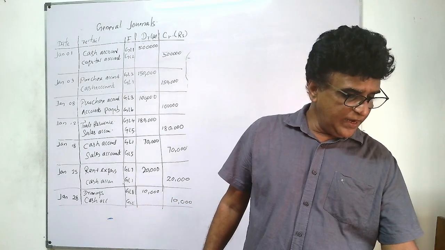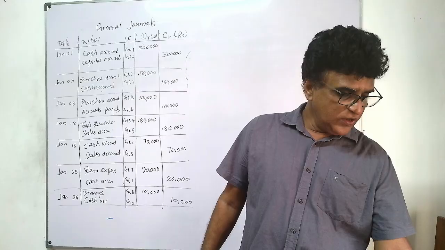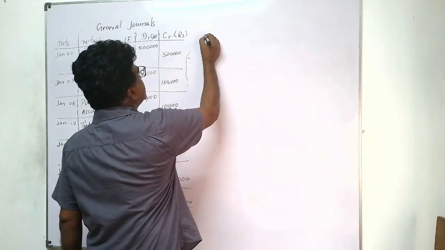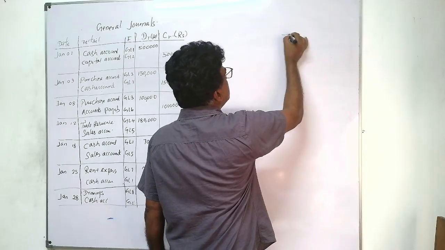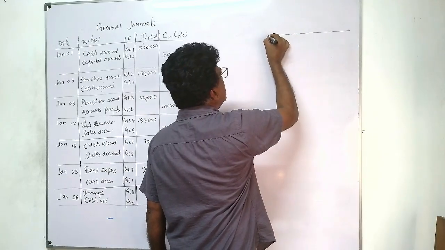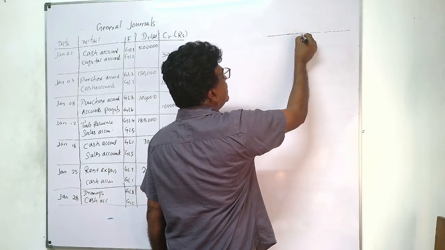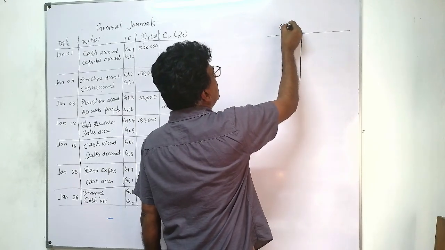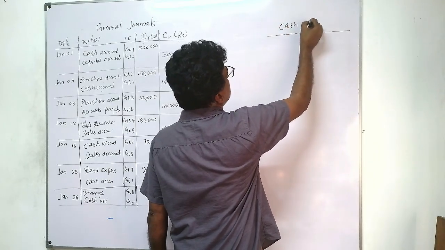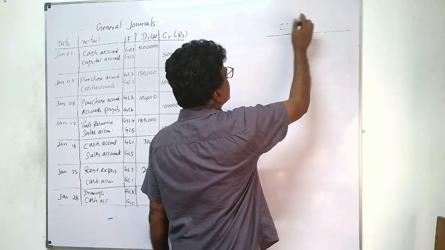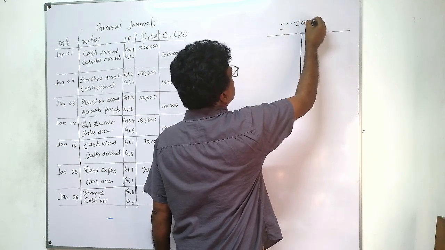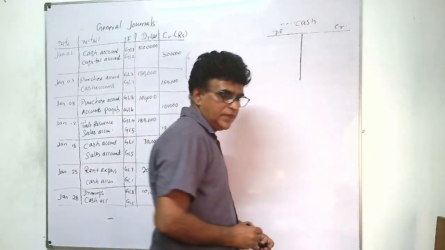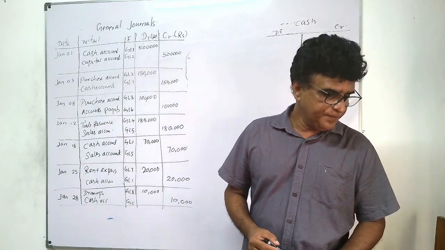Right. What are the accounts? First, we will pass entries to the cash account, GL1 cash account. This is the debit side and this is the credit side. What are the debit entries there?